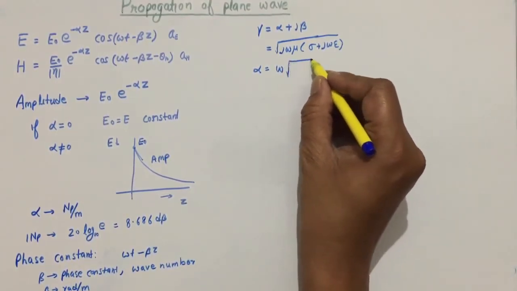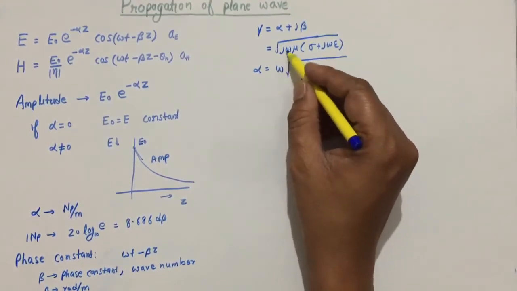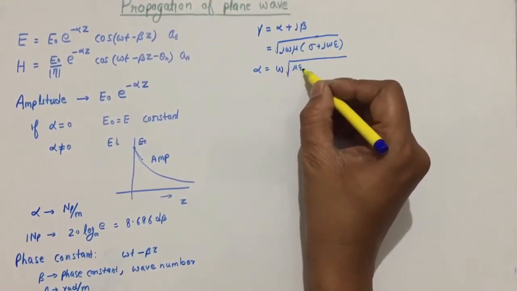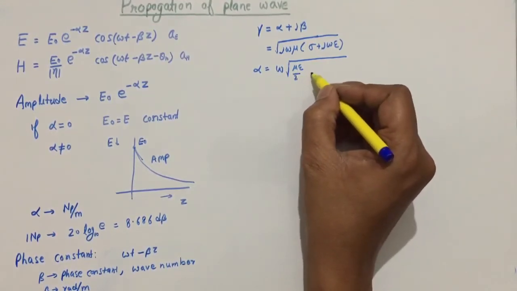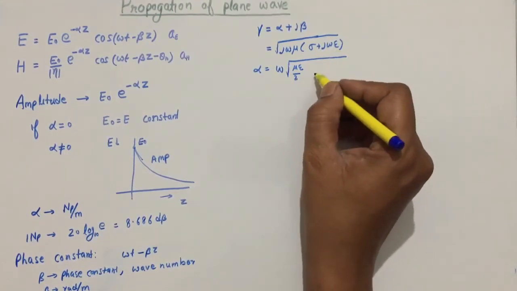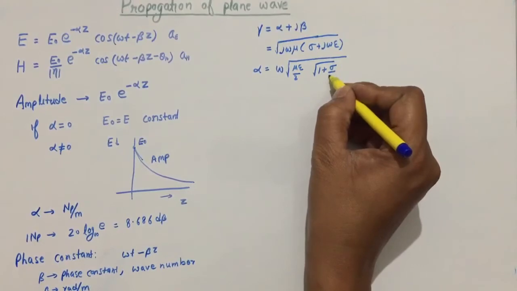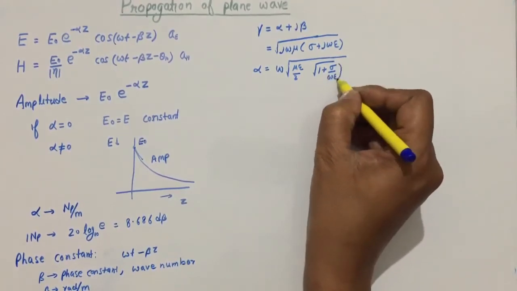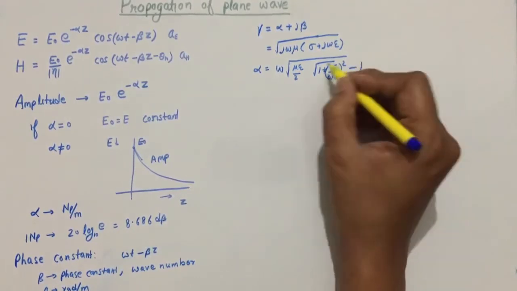I'm not going to solve it, just writing the final result, and you need not solve it. Alpha is omega times the square root of mu epsilon by 2 times the square root of 1 plus sigma divided by omega epsilon squared, minus 1.